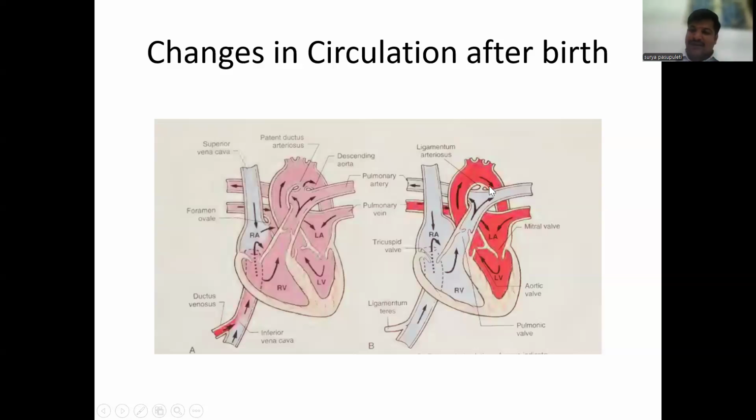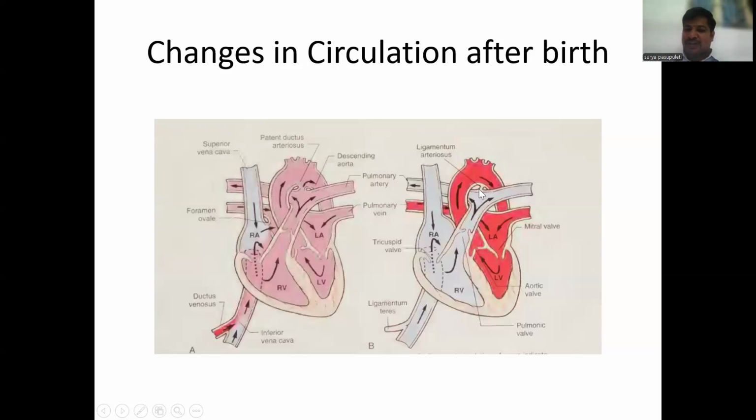Earlier, as the pulmonary resistance was more, the blood moved from the pulmonary trunk to the aorta through the ductus arteriosus. But now, as the pulmonary resistance is decreased compared to the systemic resistance, the blood won't be shunted here.